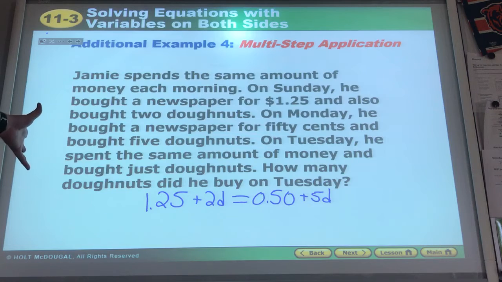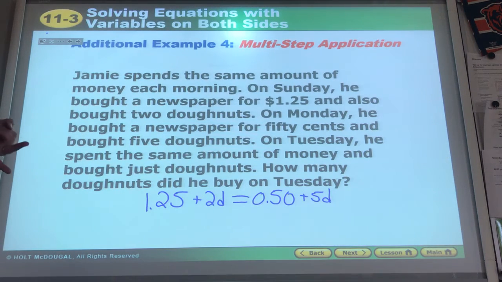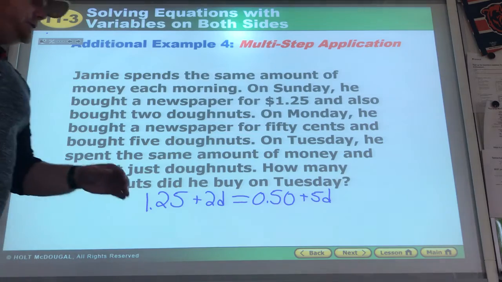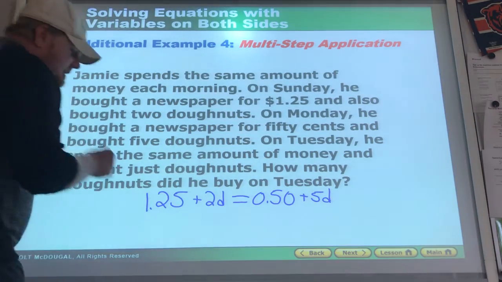Then we could use that to figure out how much money he spent on donuts on there. And on Tuesday he spent the same amount of money and bought just donuts. So we got to find out how much money he spends each day, and we got to find out how much each donut cost. Then we'll be able to figure that out. So the first thing I suggest doing, let's find out how much each donut costs. I bet that's what they do first too.